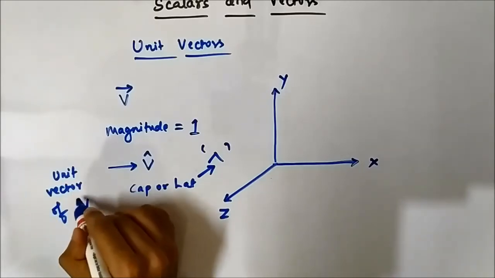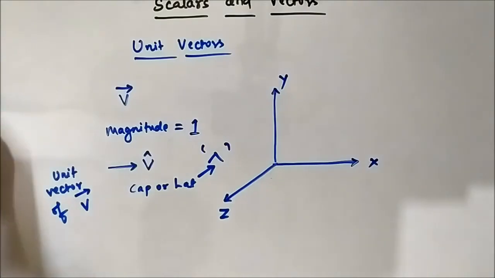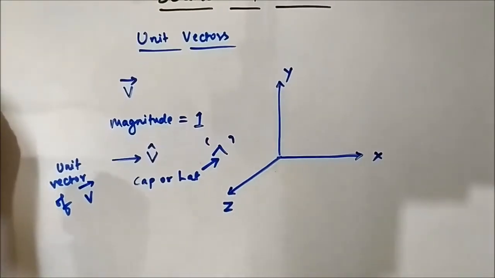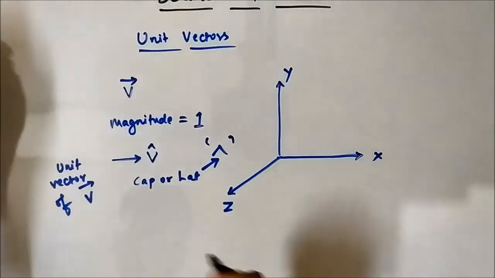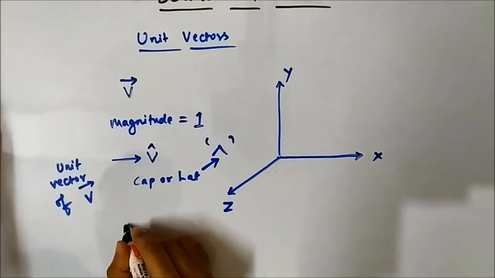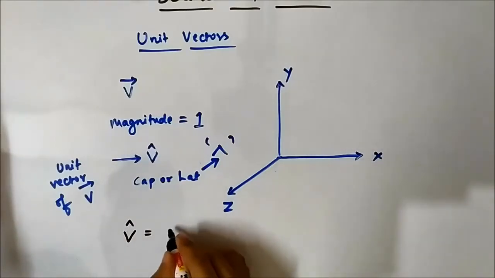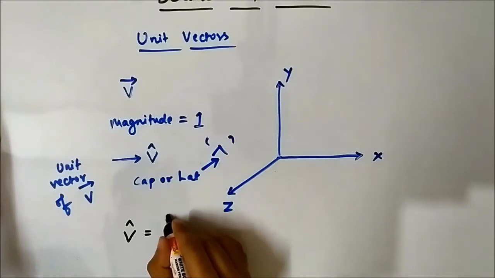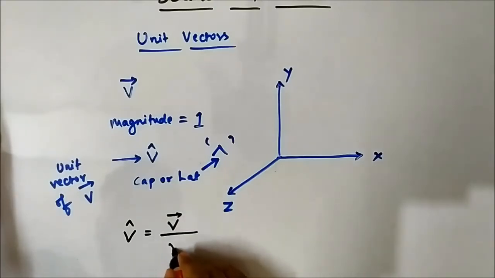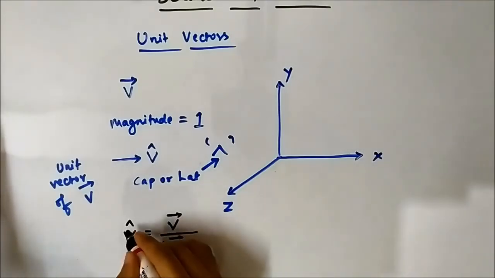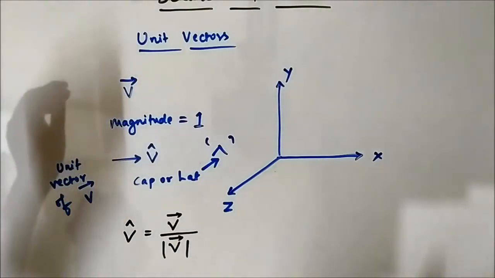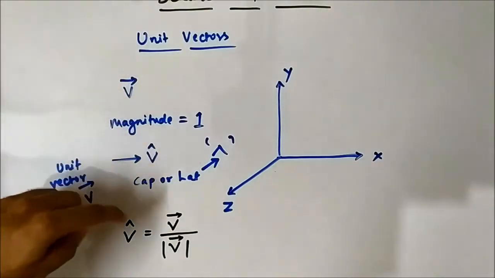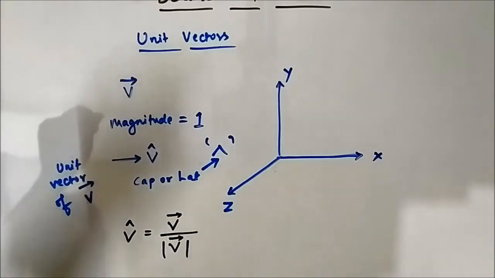Now what is the formula for unit vector representation? The unit vector V cap is given by that vector divided by the modulus or magnitude of that vector. This is the method or the formula of the unit vector representation.